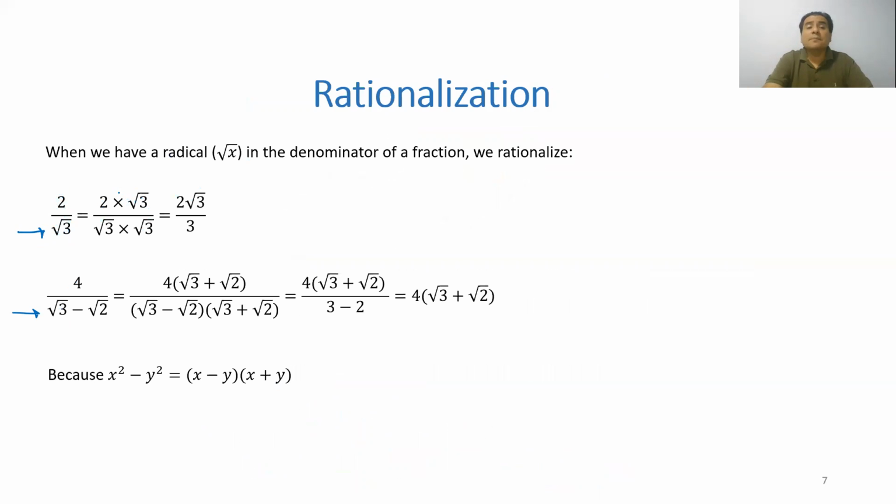And rationalization is a process by which you transform any fraction with a radical in the denominator into a fraction that doesn't have the radical in the denominator but in the numerator. For example, in this case, we just multiply by the same factor, the same denominator, both up and down. So by multiplying the numerator and denominator by the same factor, we're actually multiplying everything by the unit.